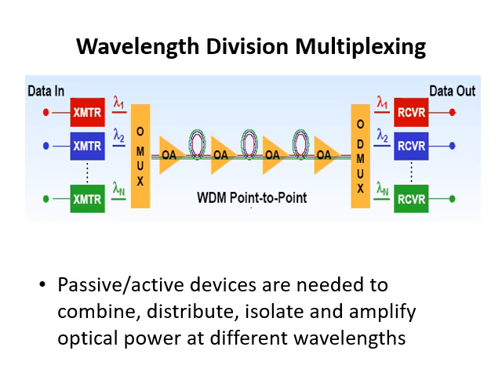At the receiver side, there is a demultiplexer, mentioned as DMUX, to get back all the different wavelengths which we transmitted.